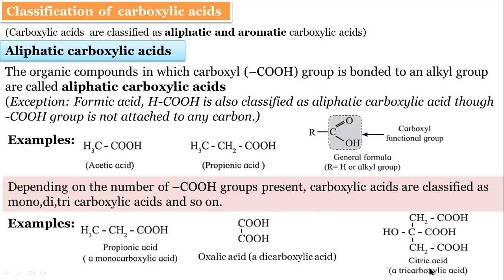And this is a tricarboxylic acid, citric acid, which is present in lemon and orange. 3 COOH groups are there, so it is an example of a tricarboxylic acid. So this is the classification of carboxylic acid. The exception is formic acid, remember again. Like formaldehyde, HCOOH. In this, the COOH group is bonded to hydrogen, though it is not bonded to any carbon. It is under the heading aliphatic carboxylic acids.